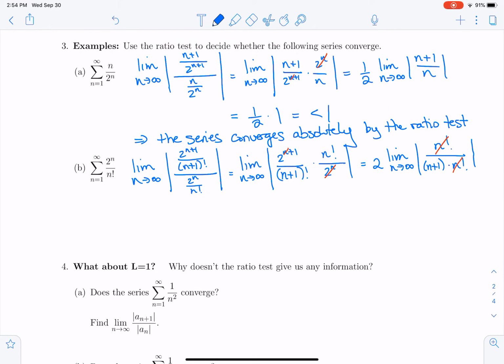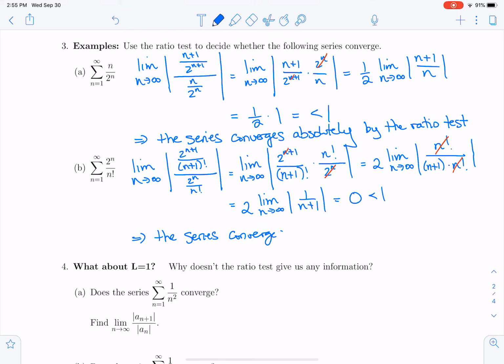And so I'm left with 2 times the limit as n goes to infinity of 1 over (n+1). And so that limit is going to be 0, which of course is less than 1. And so we can say that the series converges. We can even say absolutely if we like, although all the terms again are positive, by the ratio test.